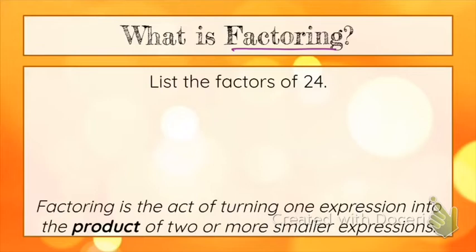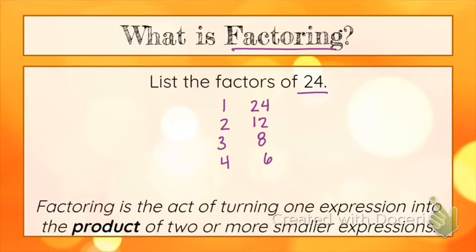So if we were going to list the factors of 24, that means we want to know what numbers we multiply together to get 24. So we would have 1 and 24, 2 and 12, 3 and 8, 4 and 6, and then 5 doesn't go into 24, so we wouldn't list it.